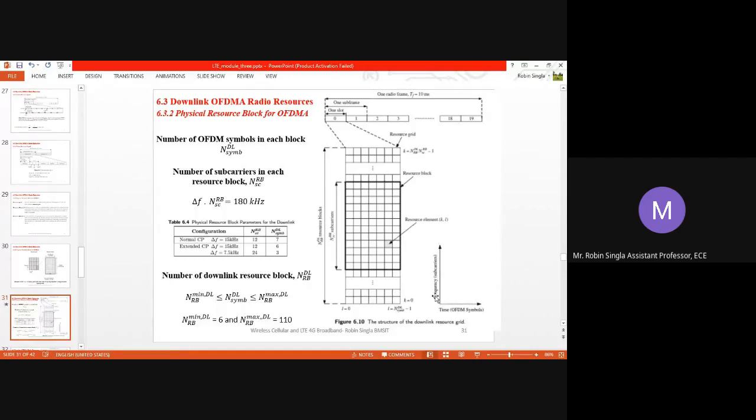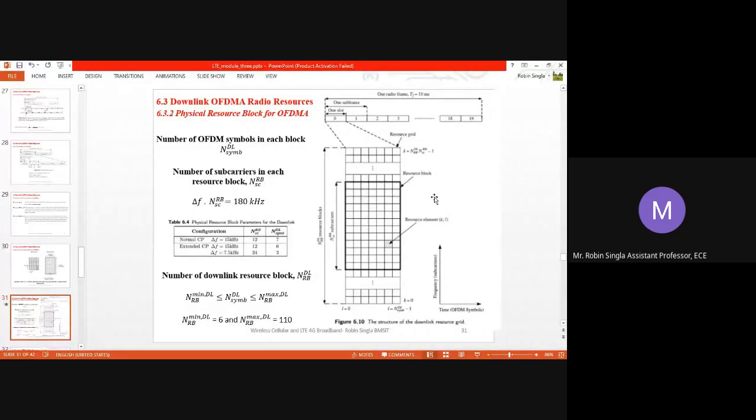The vertical axis is frequency and the horizontal axis is time. Time means OFDM symbols, and frequency means the number of subcarriers. Now we start with the smallest unit, which is this resource element.